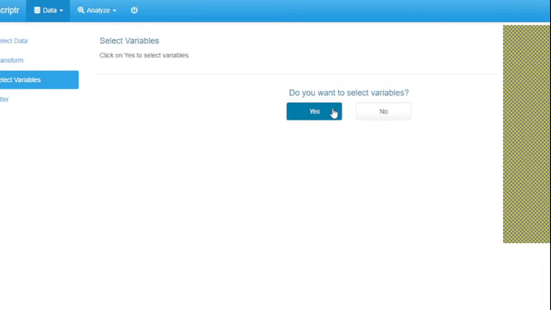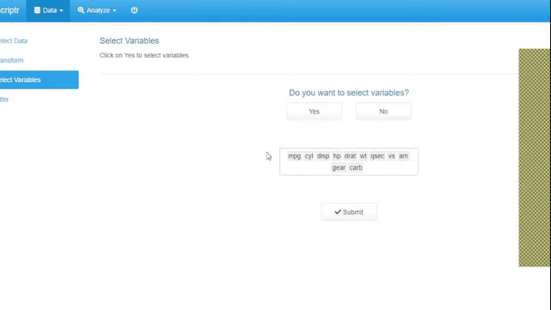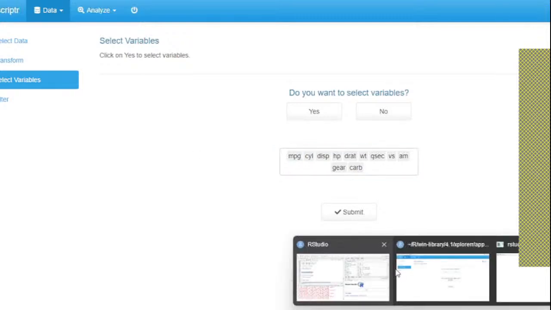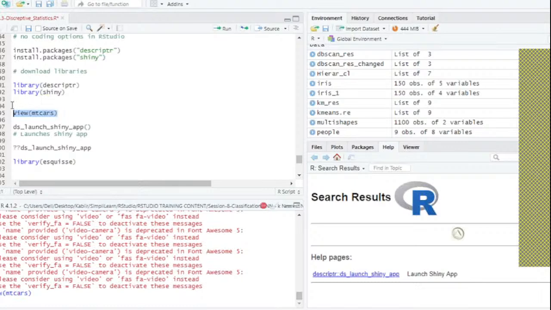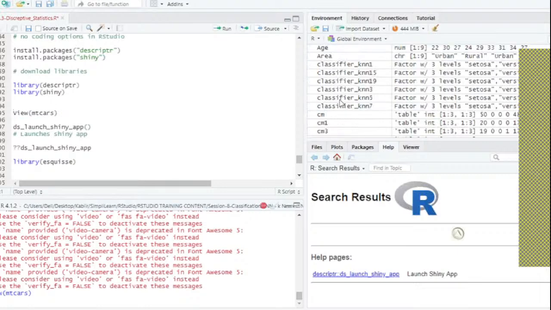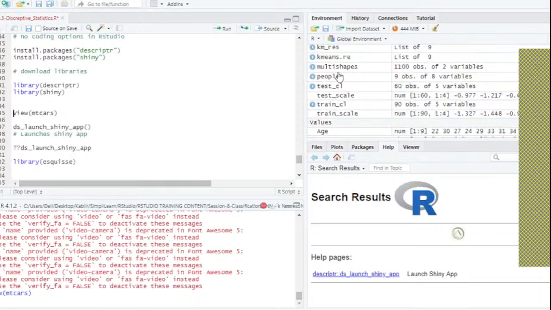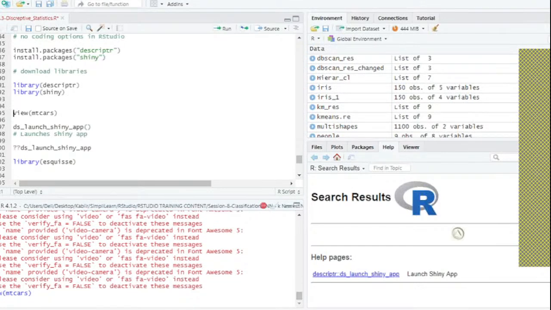Do you want to select variables? Yes. MPG, and let me just see our mtcars data. Wait.